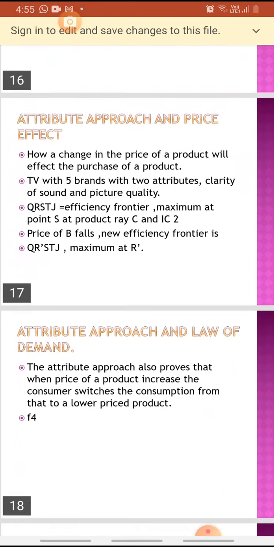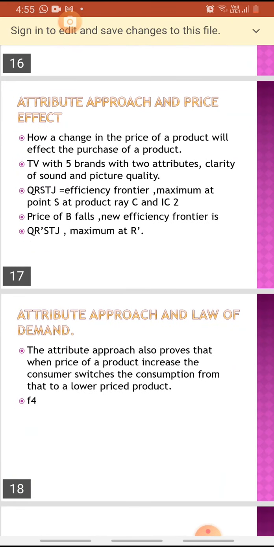Then attribute approach and price effect. Suppose the price of the product changes, what will happen to the purchase of the product? There is an example, TV with 5 brands having two attributes. Two attributes are clarity of sound and picture quality.